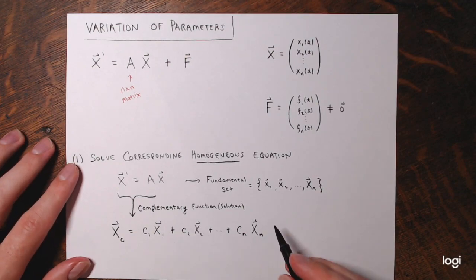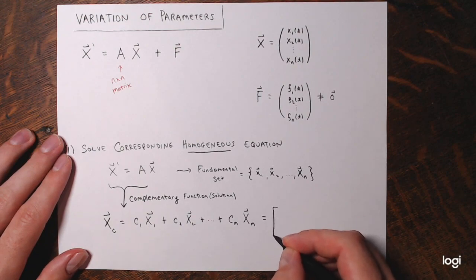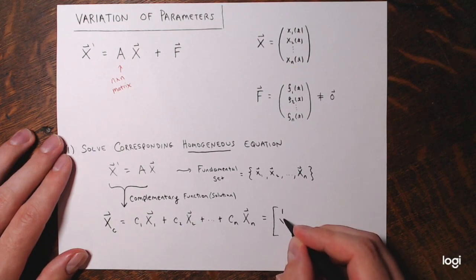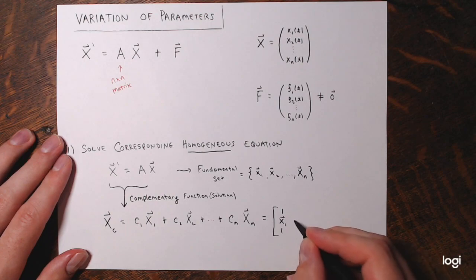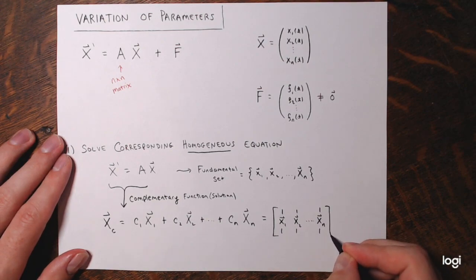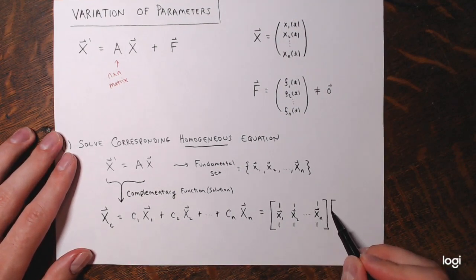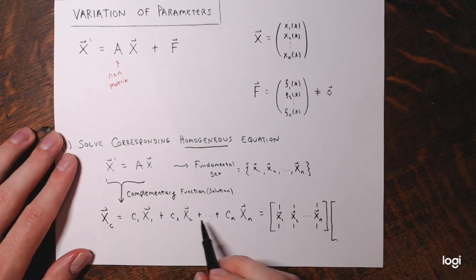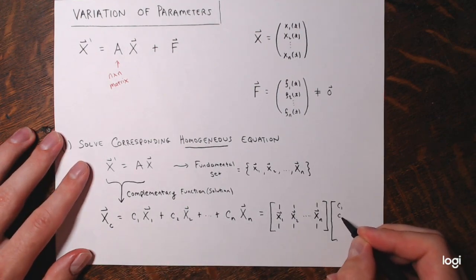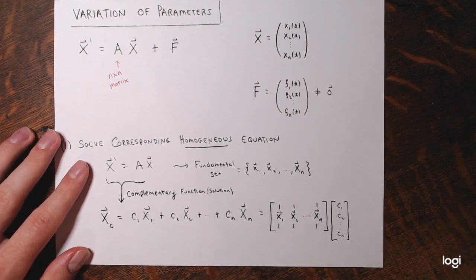Now another way to think about this is in matrix form, where I'm going to have an n by n matrix where the first column is vector x1, the second column is vector x2, the third column is vector x3, all the way to the nth column, vector xn, multiplied by the vector with these n coefficients, c1 all the way down to cn, this column vector of constants.